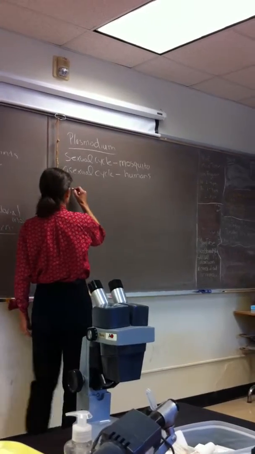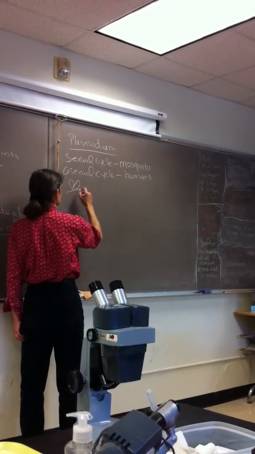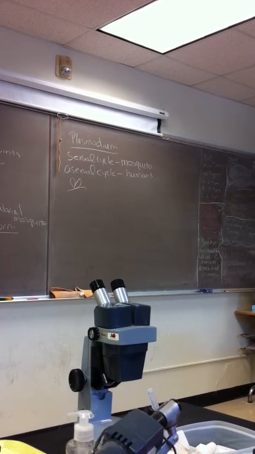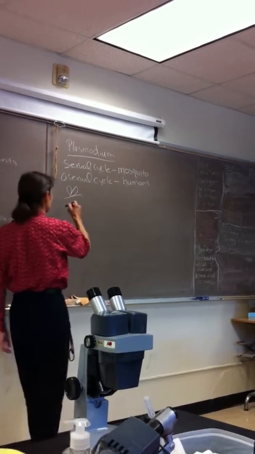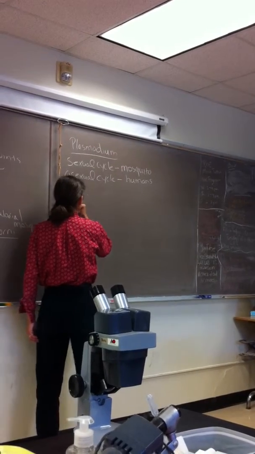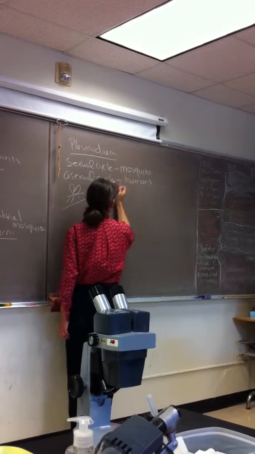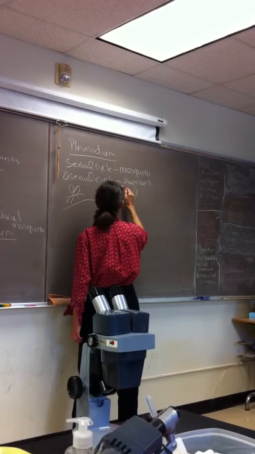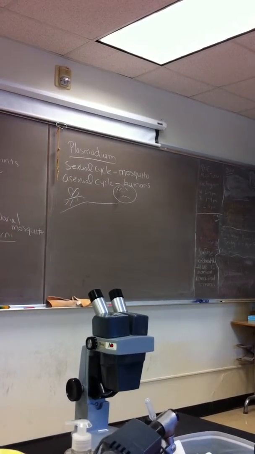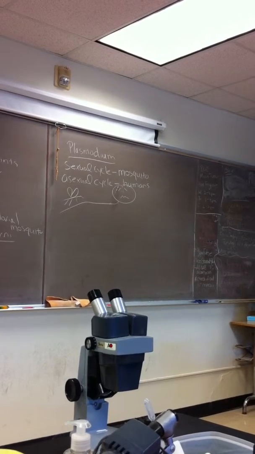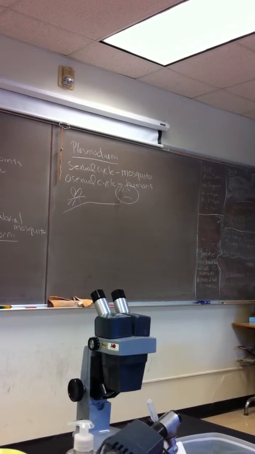So we'll start out with our female Anopheles mosquitoes. They're often described, I love this description, as flying hypodermic syringes. When they land on us and take a bite, the female Anopheles mosquitoes have the Plasmodium parasites in their salivary glands.